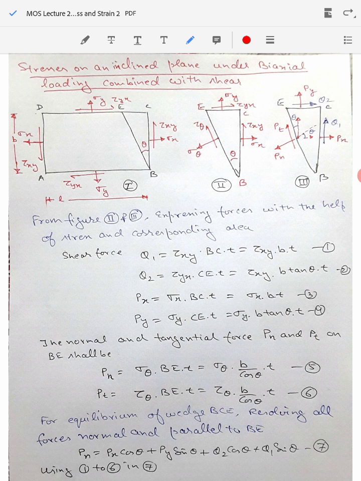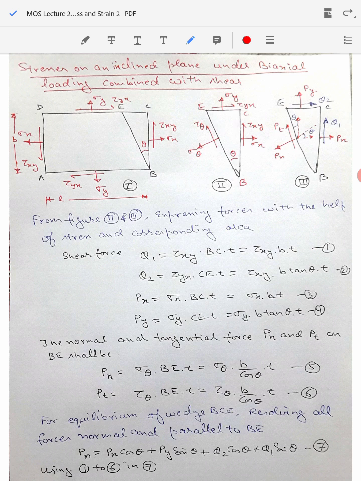And we want to determine the stresses on the inclined section BE. This inclined section has the normal stress, which we refer to as sigma theta, and the stress acting along BE is termed the shear stress tau theta.